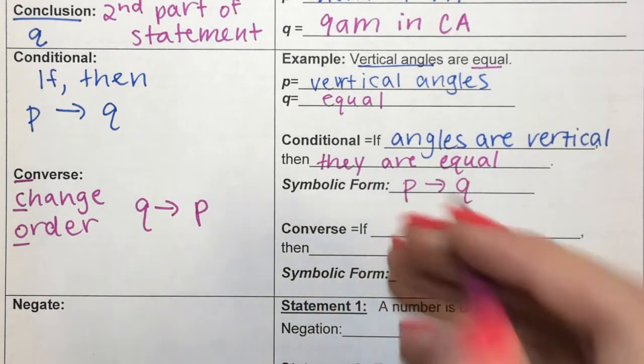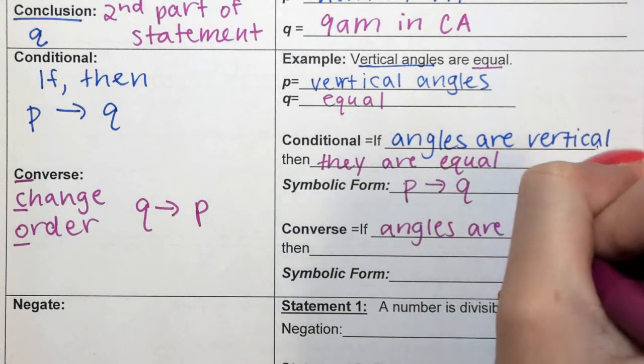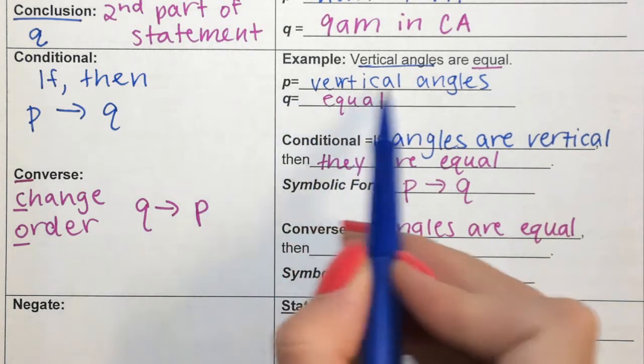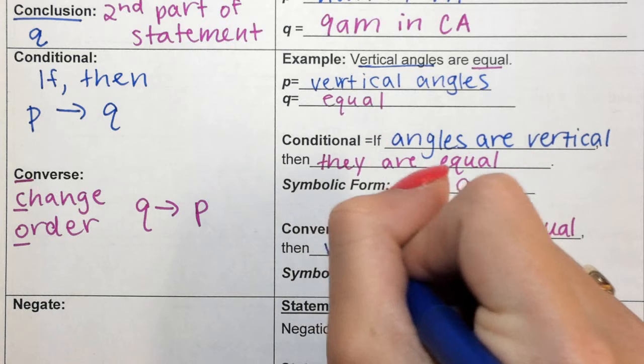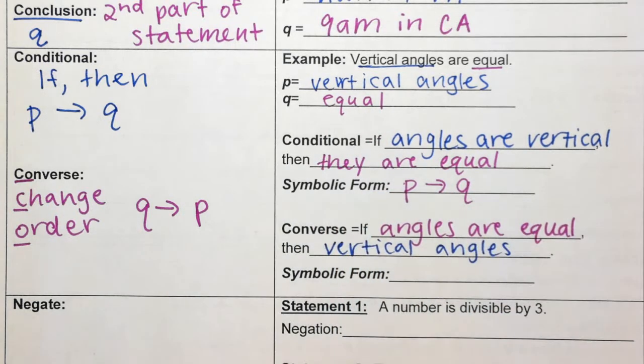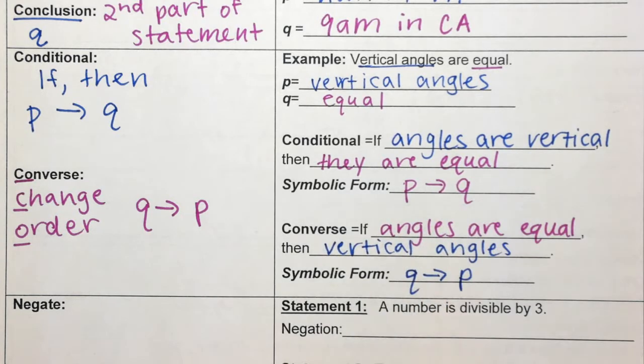So if angles are equal, then, I need my P, then they are vertical angles. And so again, that symbolic form is Q, arrow, P.